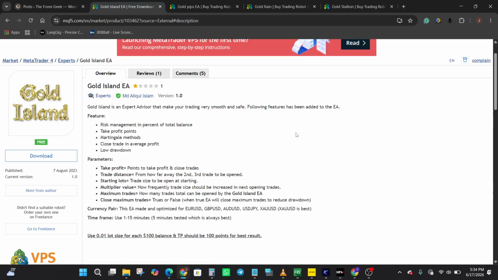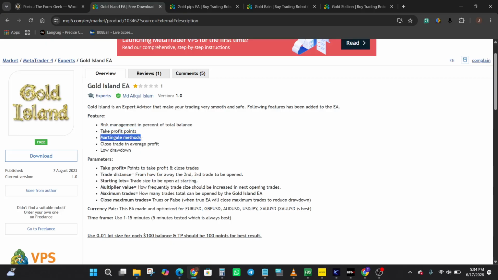Looking through the product description, several core functions are highlighted. These include risk management based on a percentage of total account balance, configurable trade take profit targets, martingale functionality, the ability to close trades at an average profit level, and a focus on maintaining lower drawdown.